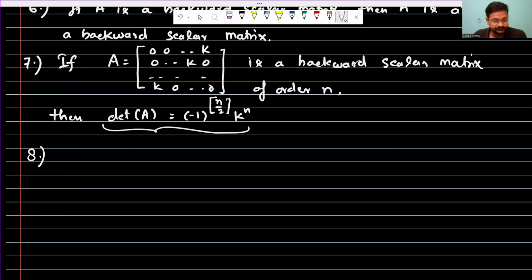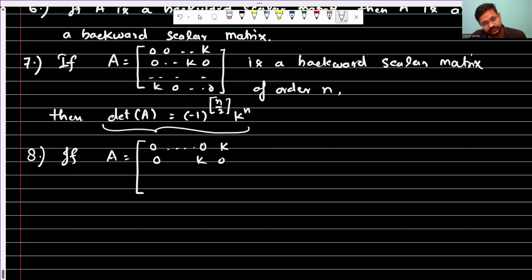So let us see. If A is some matrix like this: 0, k, this is 0, this is k, this is 0. So this is k times 0 0 0.